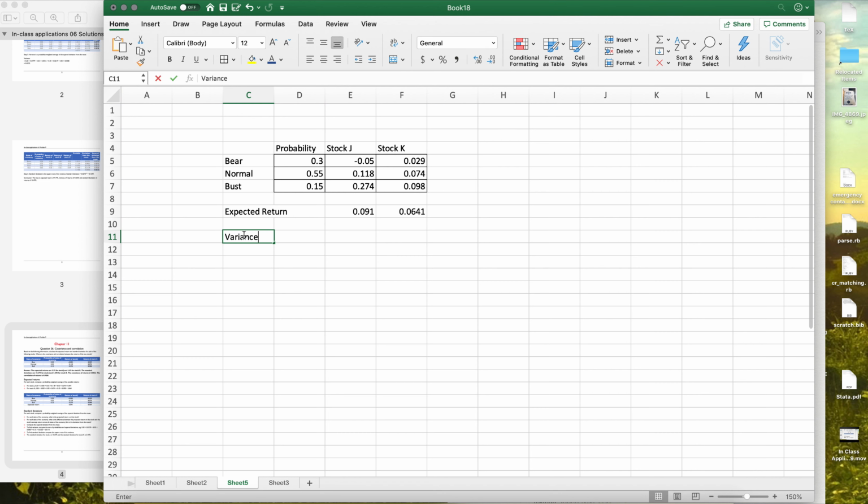Now let's do the standard deviation calculation. So the first thing that we need to do is get the deviation from the mean. Let me make sure that's right. I'm going to lock the row here.